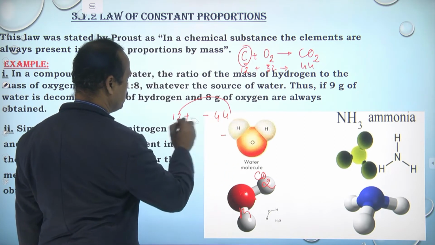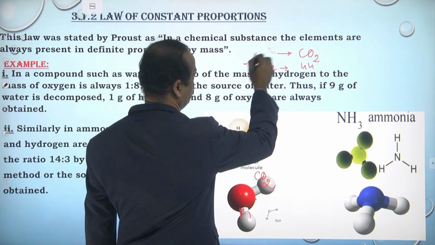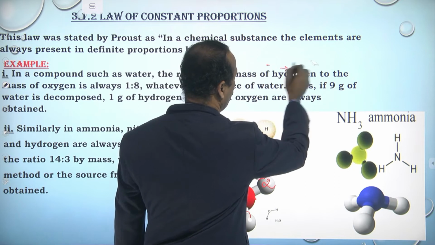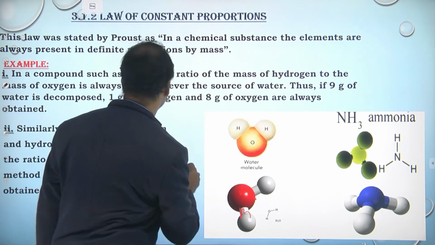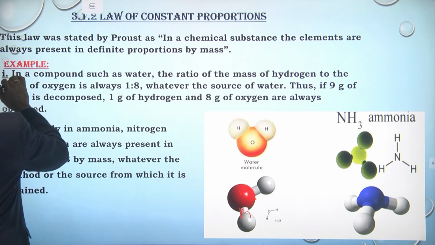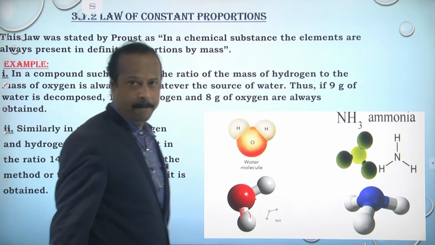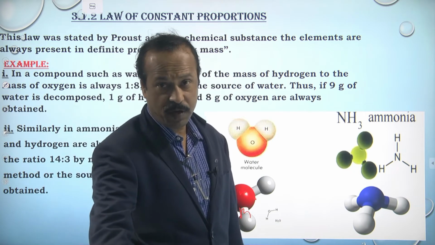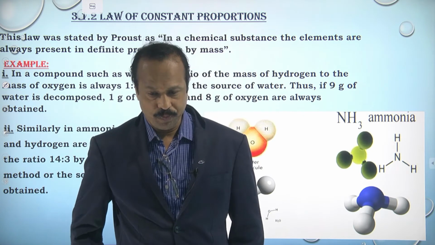Now then we go to the next law, that is law of constant proportions. What does that law of constant proportion state? Very simple, very easy. For example, you see, do you know what is the formula of water? H2O.